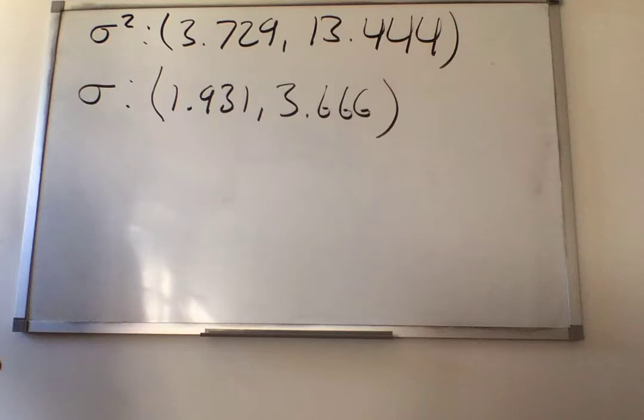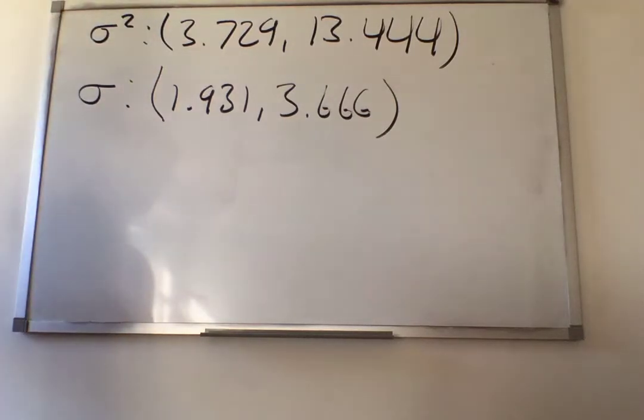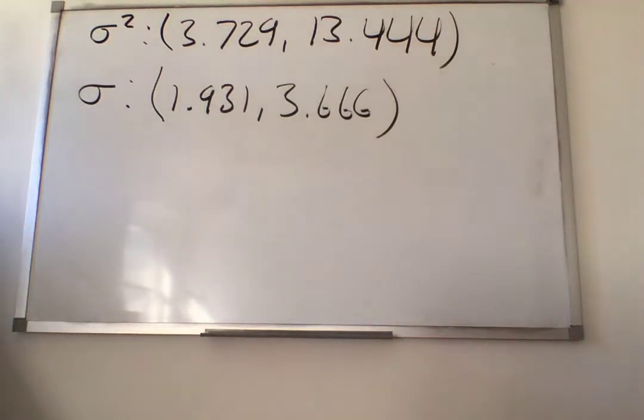So, we can say we are 95% confident that our interval contains the true population variance of the weight of the dogs that are adopted. Okay, that's what the confidence interval is saying.